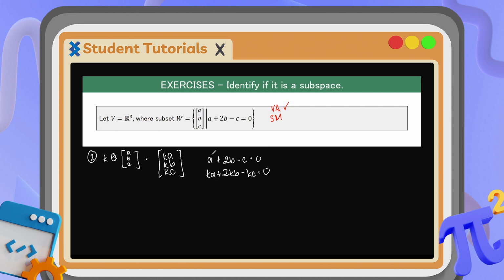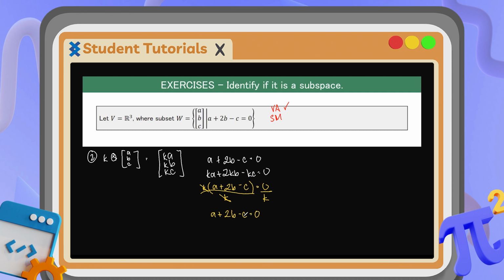We can actually factor out the constant K, or scalar K rather, and give us back the original equation. If we divide both sides by K, that gives us A plus 2B minus C equals 0.